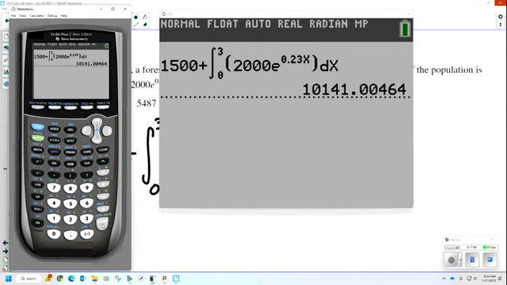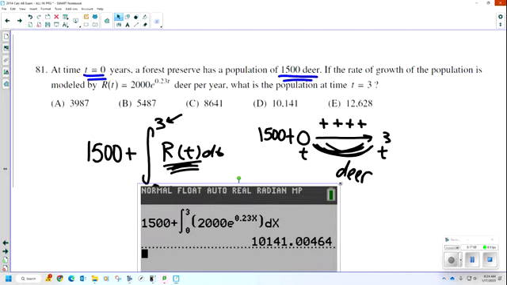Boom. And your answer should be 10,141. 10,141 is choice D. All right, pretty simple one. You just can't forget to add the deer we already had at the start.